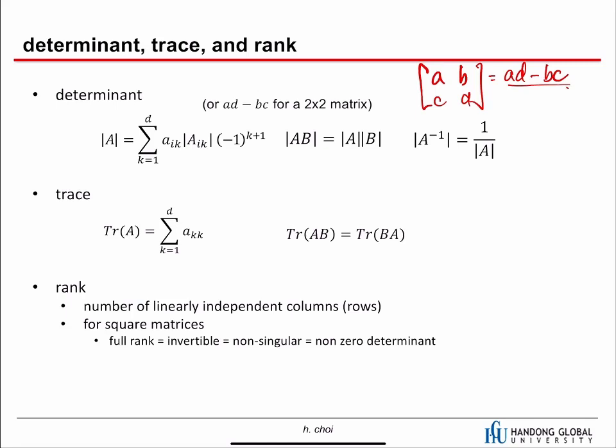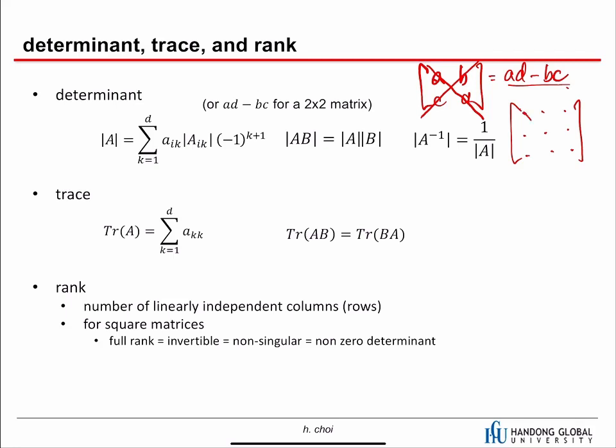Let's look at this one. This one says A times D minus B times C. When we have a 3 by 3 matrix, the determinant can be calculated by this.